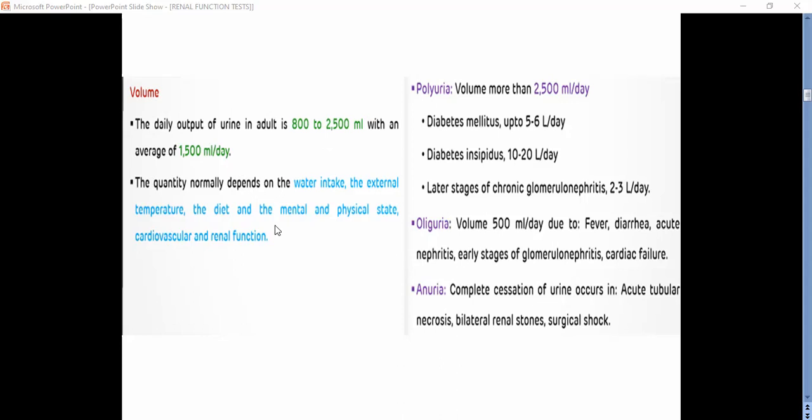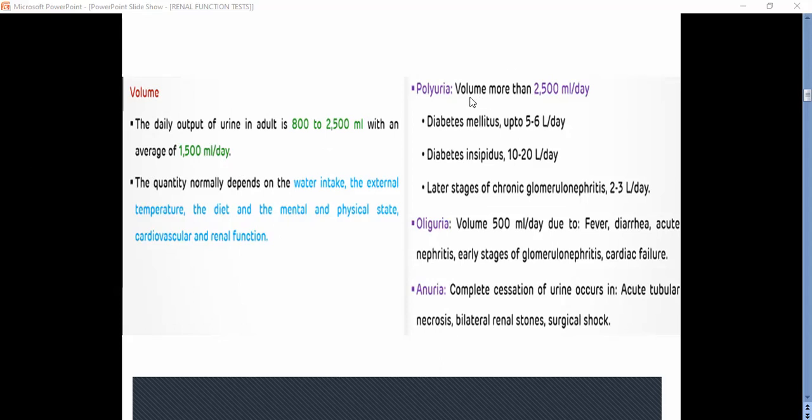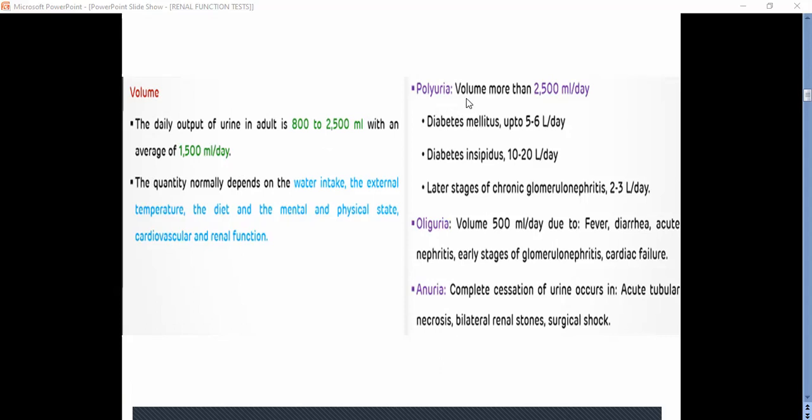So if any abnormalities happen, the first condition is polyuria. In this condition, a person can pass urine of more than 2500 ml per day. What are those conditions? One is diabetes mellitus, 5 to 6 liters per day, which is nothing but our basic sugar condition.